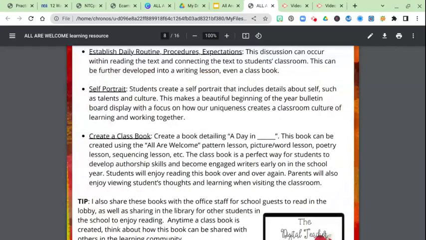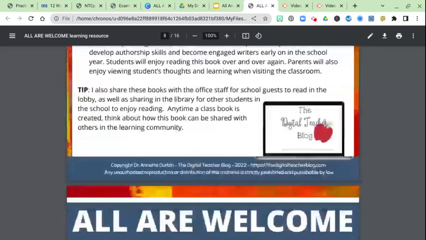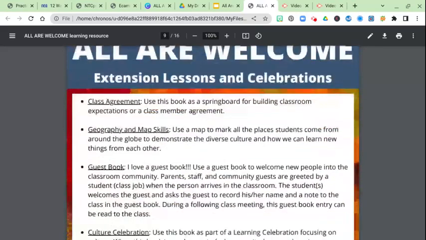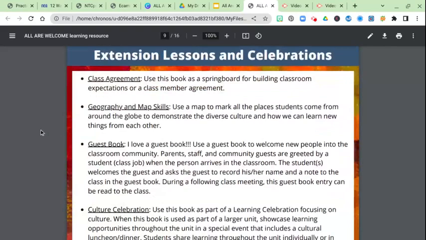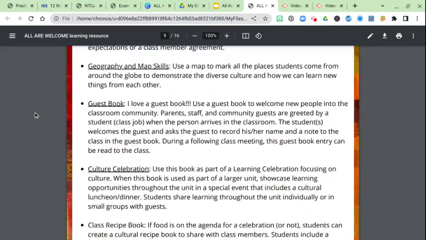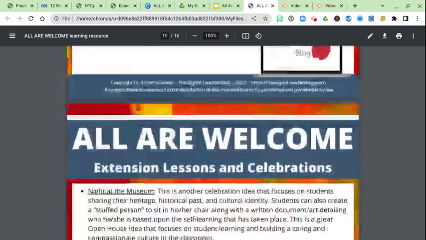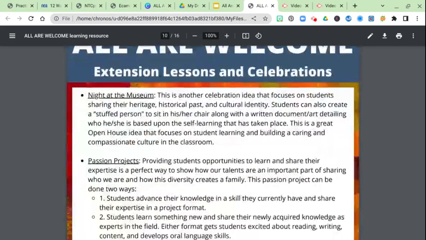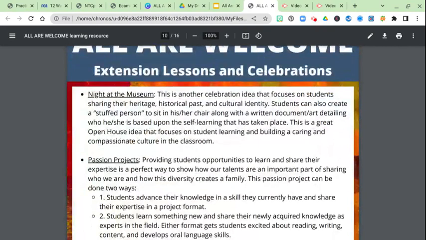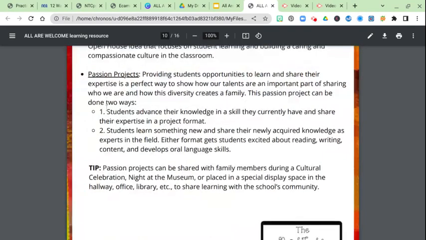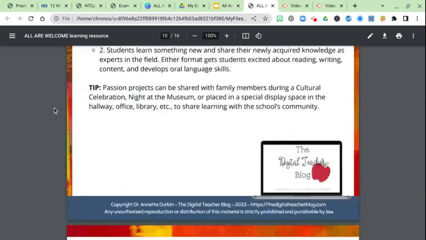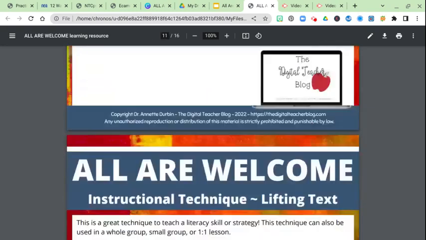So you can use this book not only for reading, writing, and word study, but you could also use this to develop your classroom community. You could teach geography and map skills through this book as well. And here are some celebrations, perhaps at the beginning of the year, a night at the museum, maybe some passion projects that you could use to celebrate learning and how we are all diverse and come together.